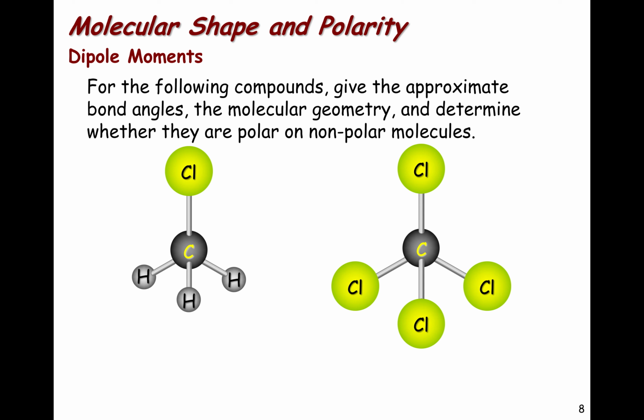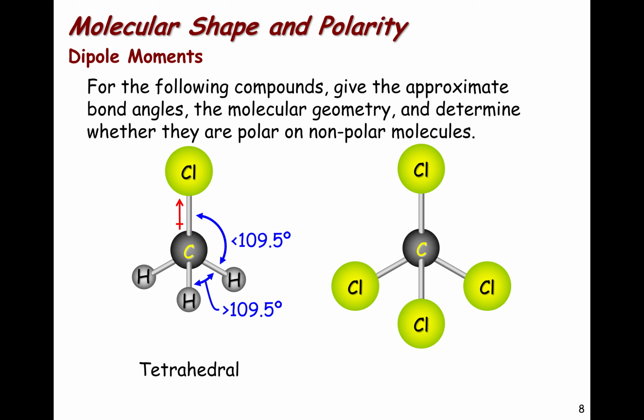There is a slight distortion for the chloromethane because of the differences in the size of the chlorine versus the hydrogen atoms. And so we predict that the angles will be approximately 109 degrees, but a little bit of possible distortion because of the differences in sizes.